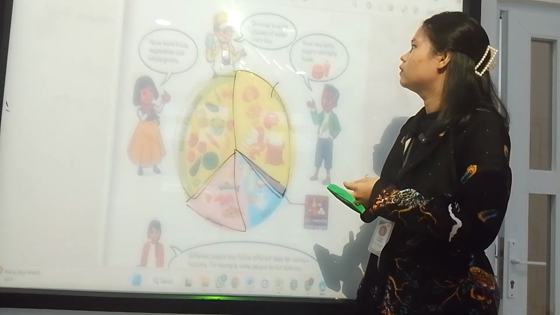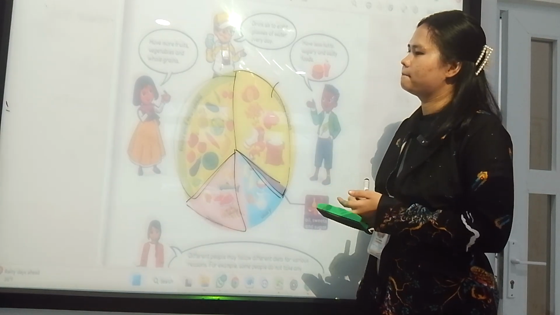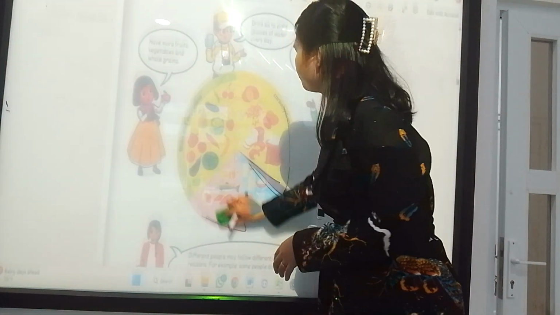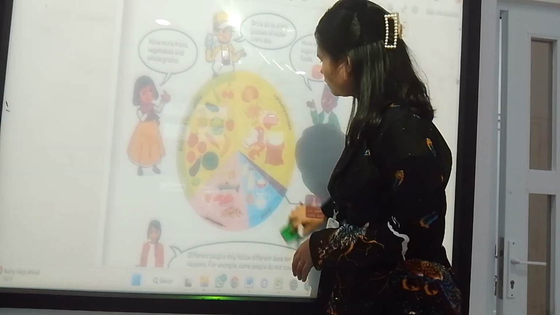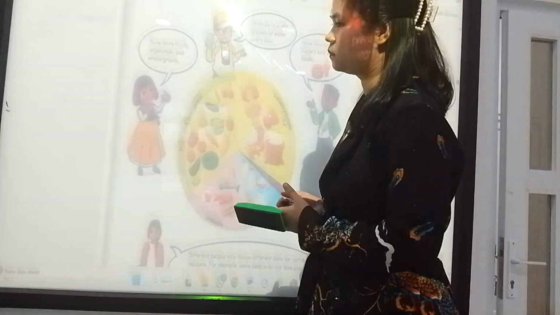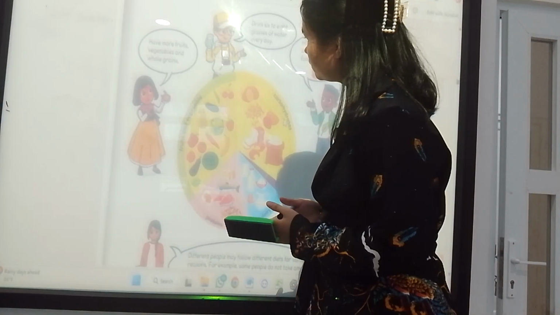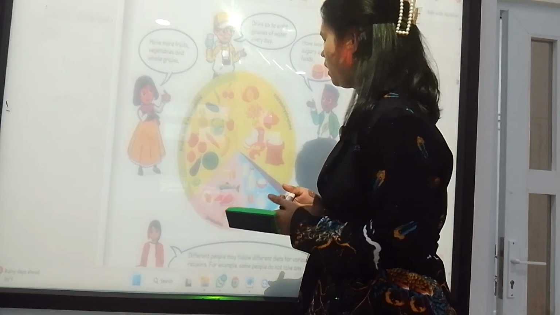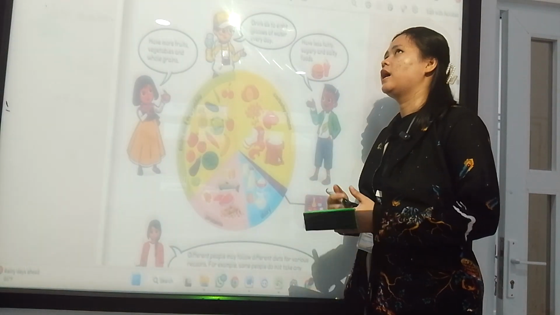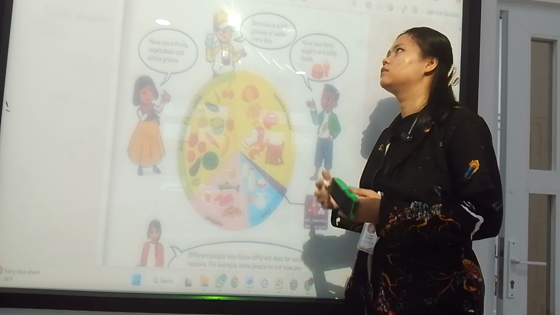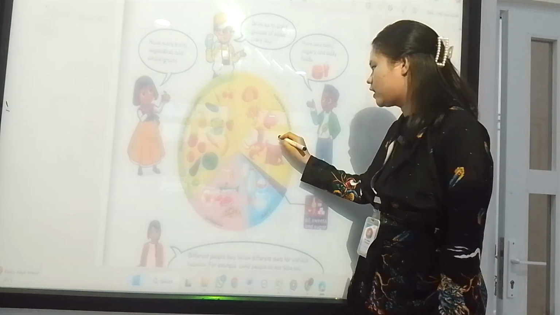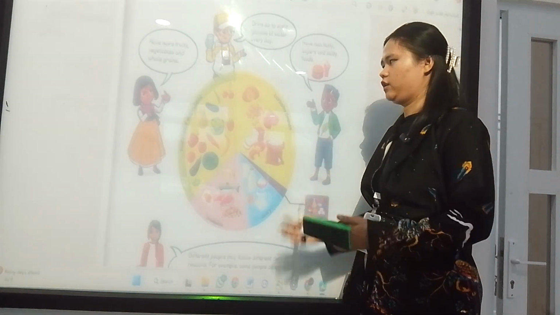For this one, I want to ask: from this plate, we can see that the biggest amounts of nutrients the body needs are fruits and carbohydrate. Is there any reason why we need more carbohydrate than protein and dairy? Carbohydrate gives you more energy because you are doing much activity.